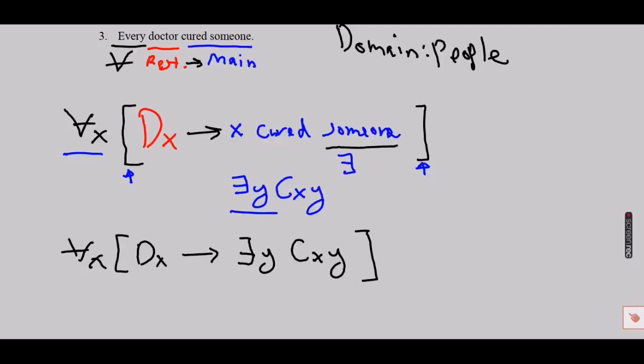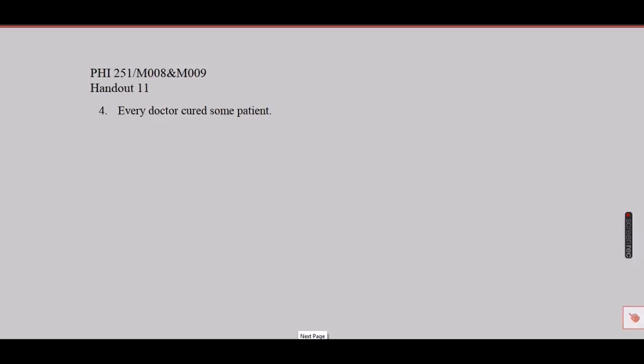Okay, let's move to the second one. Now here we have every doctor cued some patient, right? So we are dealing with an every statement. That's the main quantifier. Again, the restrictor is doctor, and the main is cued some patient.